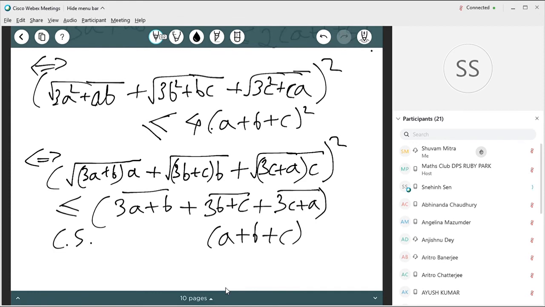So this is basically a restatement of the Cauchy-Schwartz inequality, with some weird values instead of x, y, z. So did you get this example? Was this easier? Just go through the example once and then let me know.